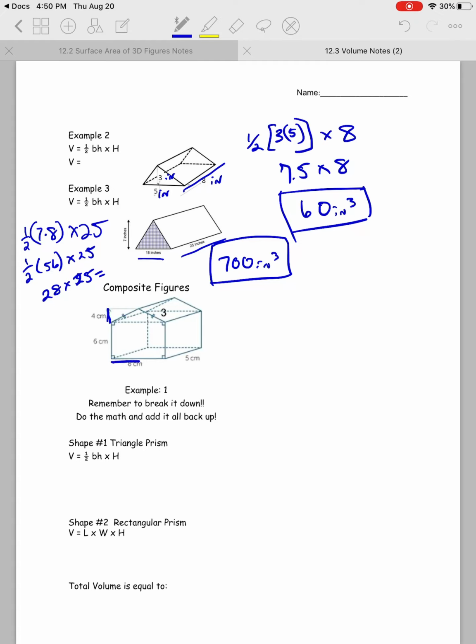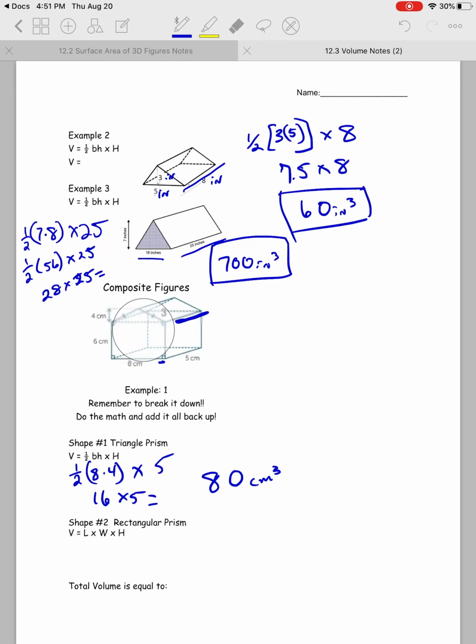It's 4 high, 8 wide, times 5 with the big H. So we're going to have 1/2, 8 times 4 times 5. 8 times 4 is 32, divided in half, or multiplied by half, divided by 2. That is 16 times 5, which equals 80. So this top part is 80 centimeters cubed.